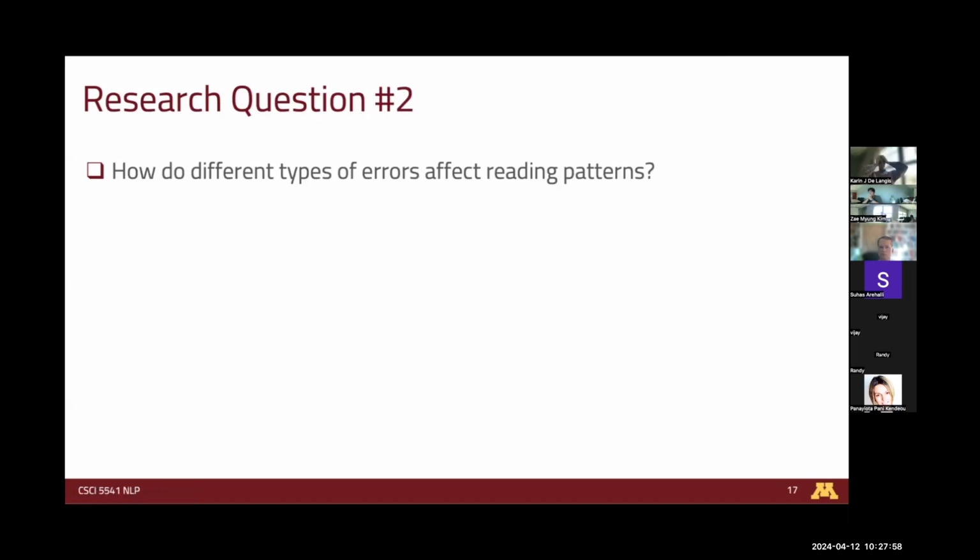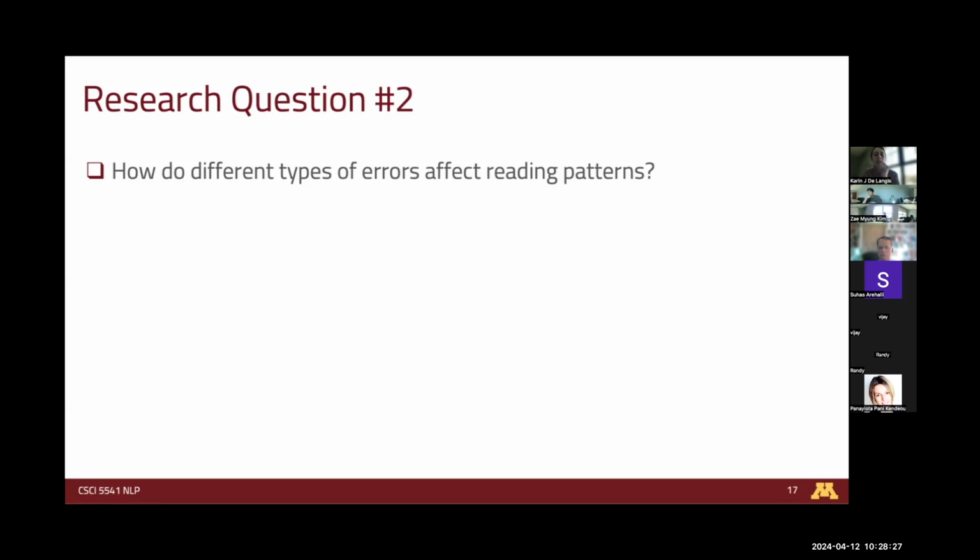So the other thing that we are looking at in this pilot study is based on the data set that we were using. The data set that we had people read, and we'll look at some examples in a moment, has different types of errors present in the text. We wanted to see if different types of textual errors are affecting people's reading patterns.